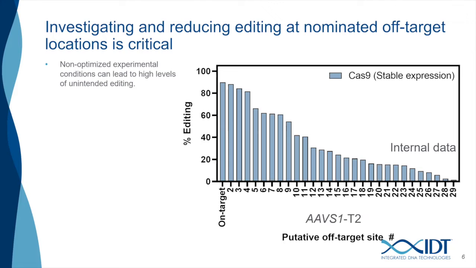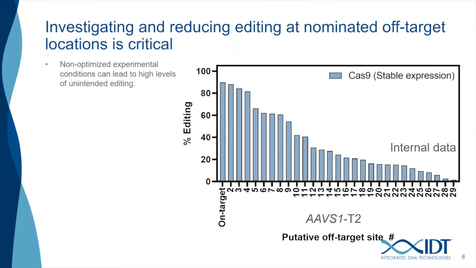So here is a case study showing just how important it is to quantify those off-target effects, and how the reagents and tools you use can affect that too. Here's a safe harbor site, AAVS1, and a guide RNA in that region, which we delivered into cells that stably express Cas9.